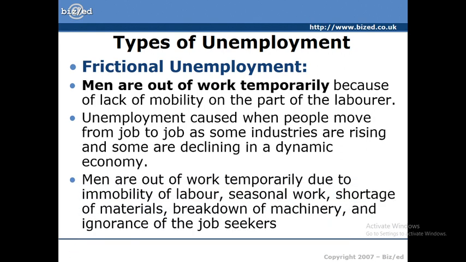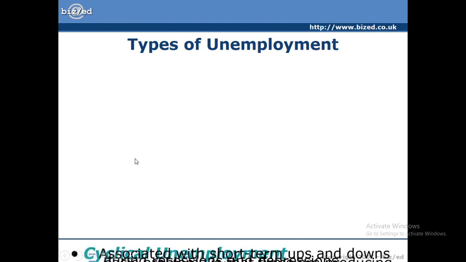Men are out of work temporarily due to immobility of labor, seasonal work, shortage of materials, breakdown of machinery and ignorance of the job seekers. It is essential to understand that this unemployment exists only for a temporary period. That is called frictional unemployment. It comes under open unemployment.